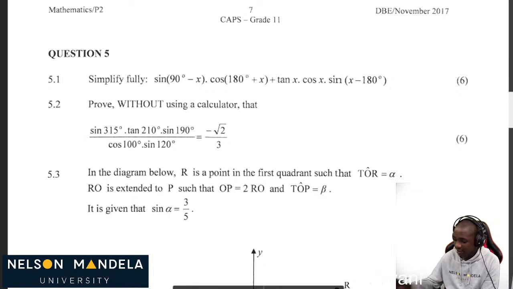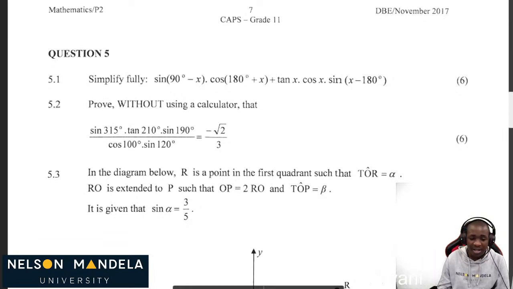Let's simplify together, guys. It's easy. This is how you get marks.